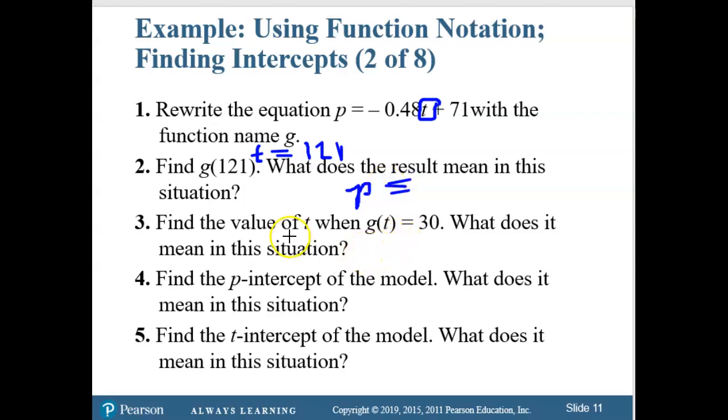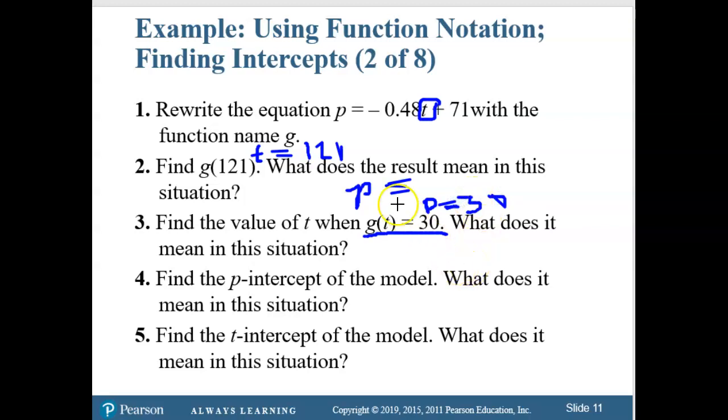Next, they want you to evaluate G of T equals 30. Remember, T is the input, so now it's saying P equals 30. And you are going to substitute where you had P before.